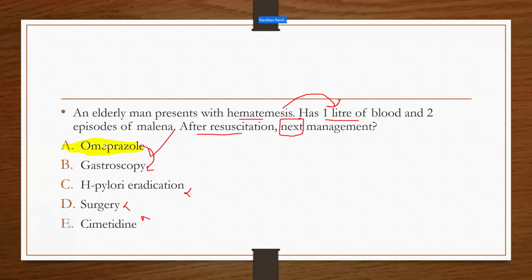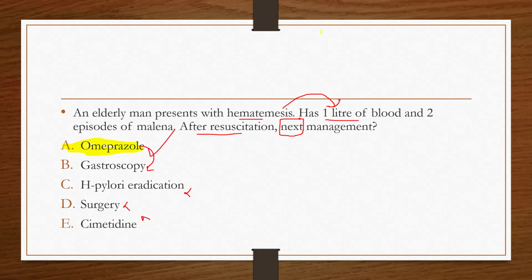I think we've almost reached the finishing time. Are there any questions on what we've discussed so far? If best was asked, Dr. Aspa, then gastroscopy.